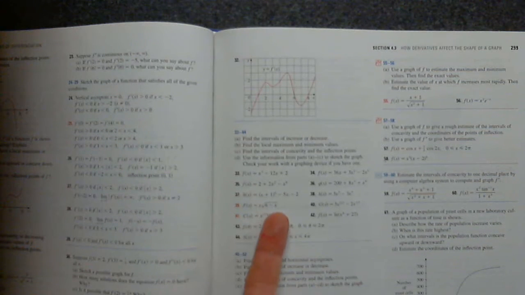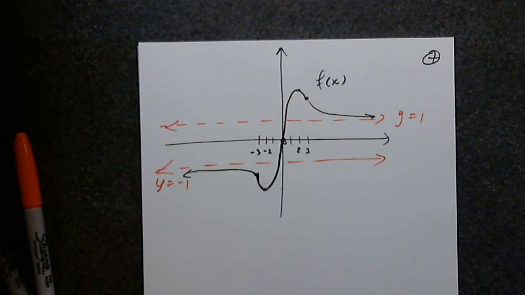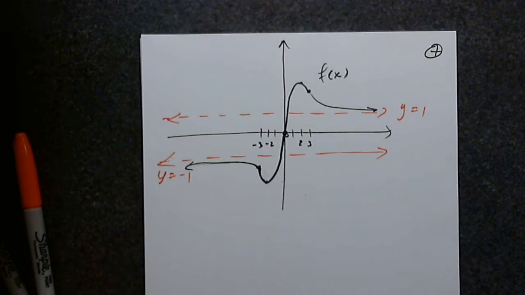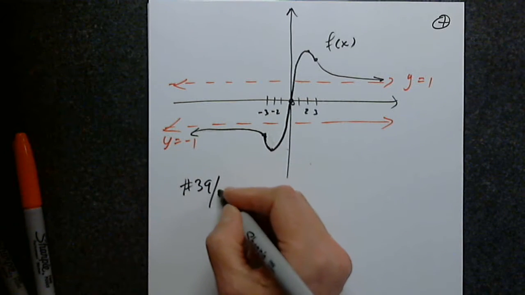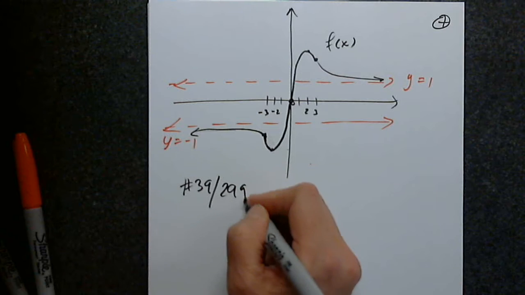So would you like to look at the radical? Would you like to look at 40? 39. We want to look at 39, the square root of 6 minus x. Very good. So let's do that. It must be something special that they put it in red, right? Okay. So 39 on page 299.